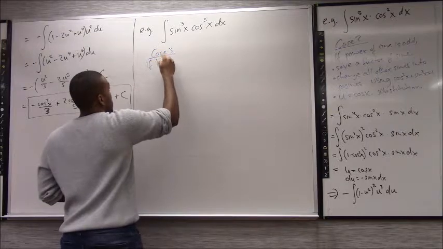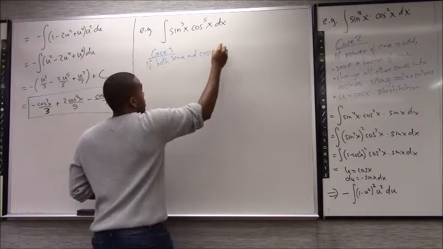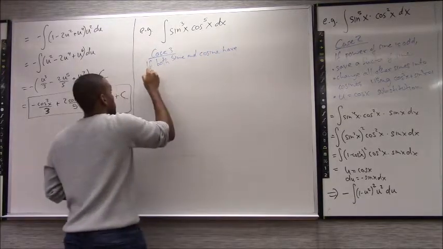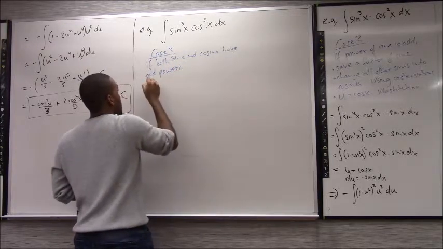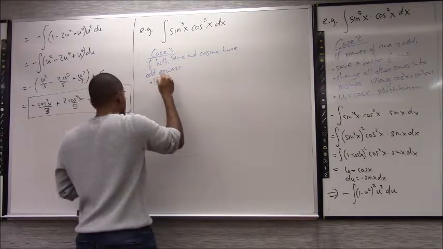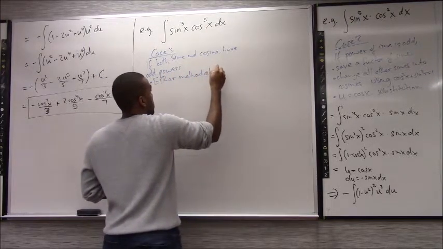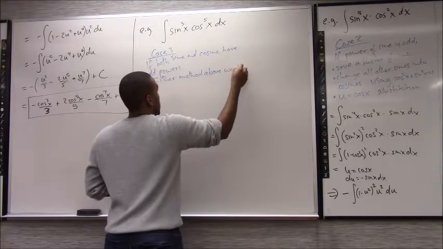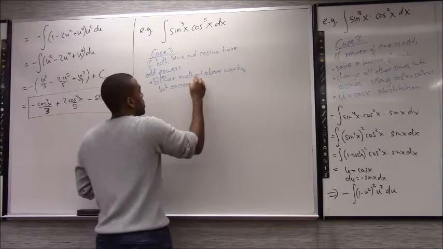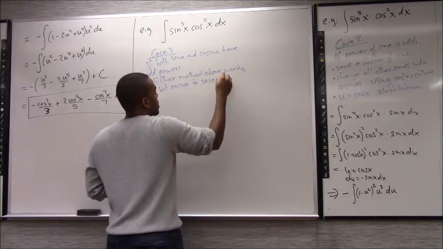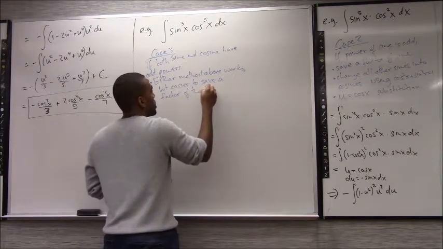If both sine and cosine have odd powers, either method above works, but you'll have an easier time saving a factor of the lower power.